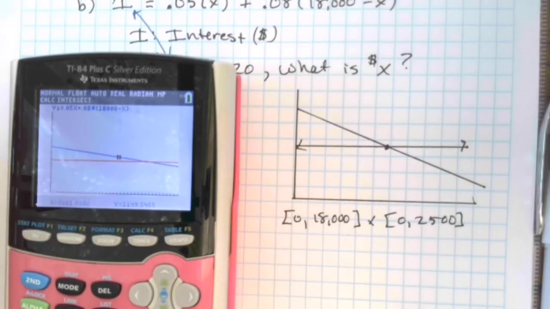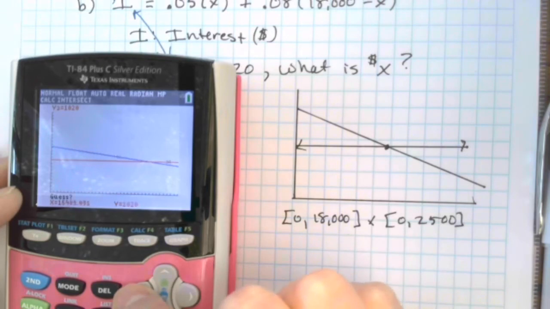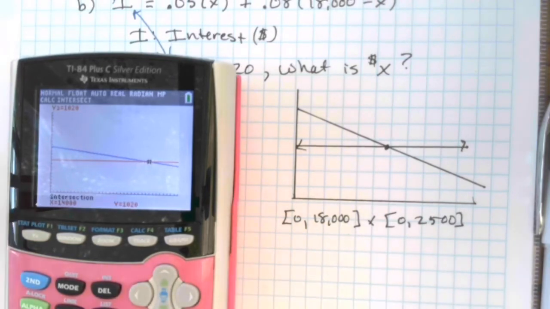I'm just going to put it there, enter. Second curve. Now on the second curve, you have to go to the right of where you see it cross. So the first curve you go left, the second curve you go right. Enter. Best guess, put it right where you think they cross each other, like right there, push enter.